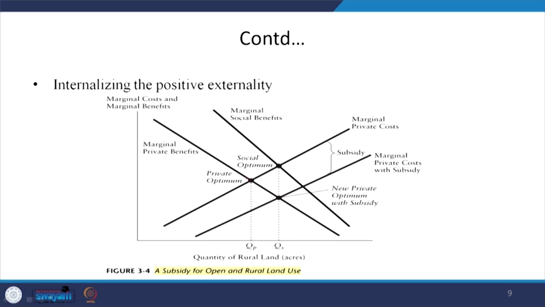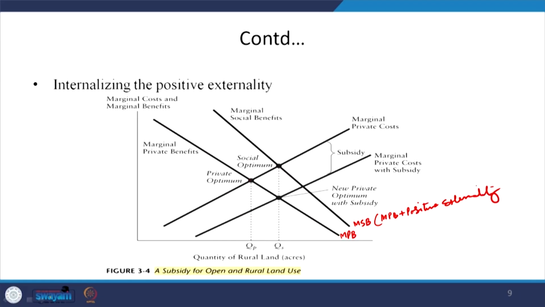But in this example a positive externality is generated, so this is marginal private benefit, but this is marginal social benefit, which includes marginal private benefit plus positive externality.